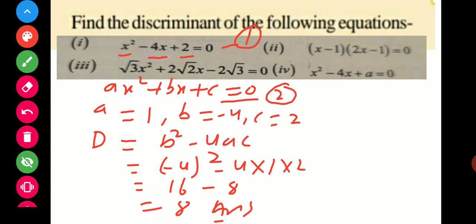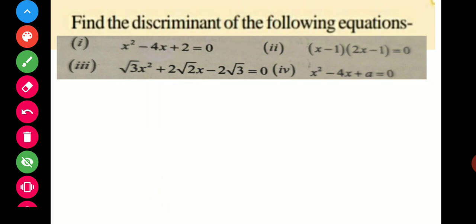Now come to the second question. This is x minus 1 and 2x minus 1. First, we want to multiply inside.